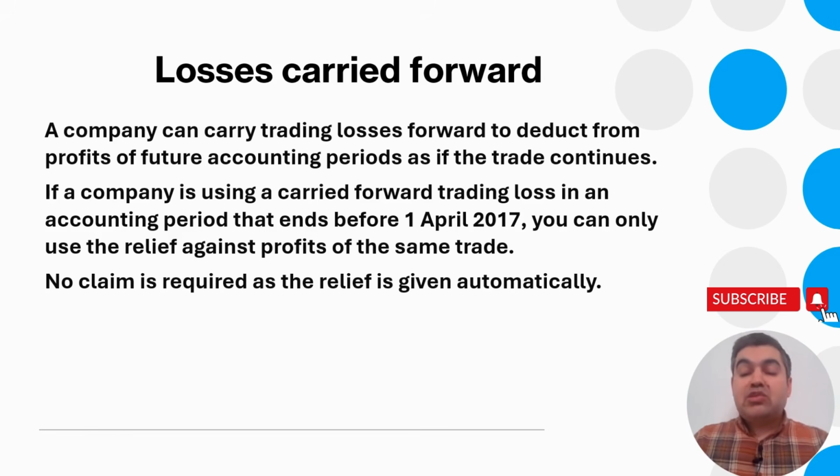The same applies if you carry back the losses to the previous 12 months. You need to make certain adjustments. If you don't make this adjustment, I will show you in a practical slide. I have taken some screenshots of the real tax software, and then you will understand it much better. How does it work in practice? So no claim is required, as the relief is given automatically.